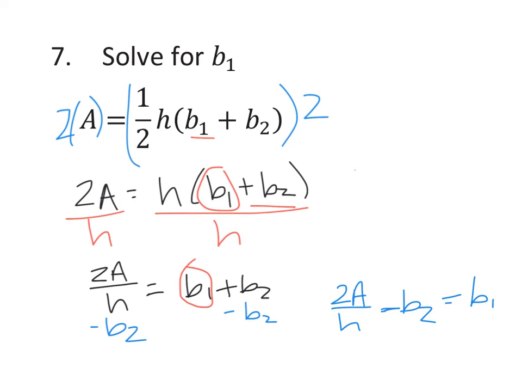Let's do it in green. I could have distributed, so 2a equals h b sub 1 plus h b sub 2, and then I could have gone from there, so minus h times b sub 2.